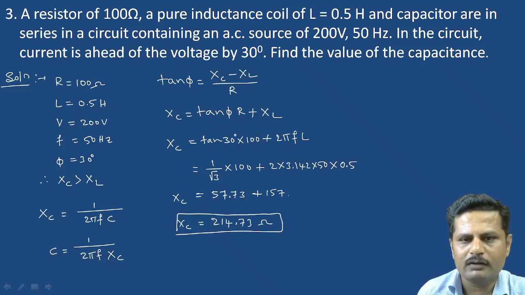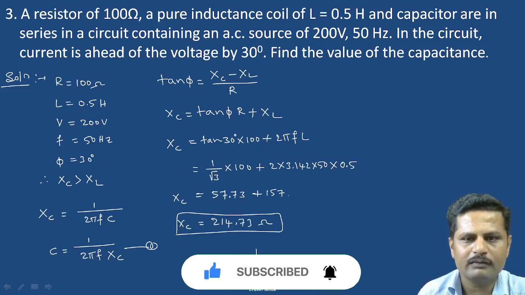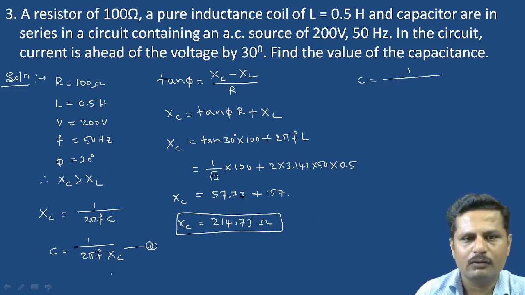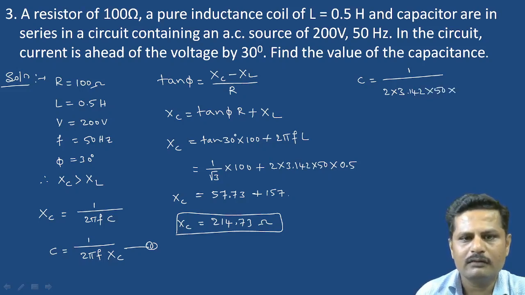So after getting this one, you just substitute this Xc in this formula. Therefore the capacitive reactance, C is equals to 1 divided by 2 pi f Xc. 2 pi value is 3.142, f is equals to 50 Hertz, and Xc, just now we found, 214.73.